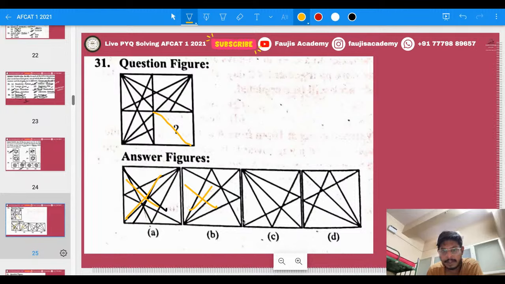Once we have the straight line over here, we'll need to have a line connecting this to here and this one to here. Let me write it in the black one moment. So this is something like this, and this is something like this, and this is something like this.